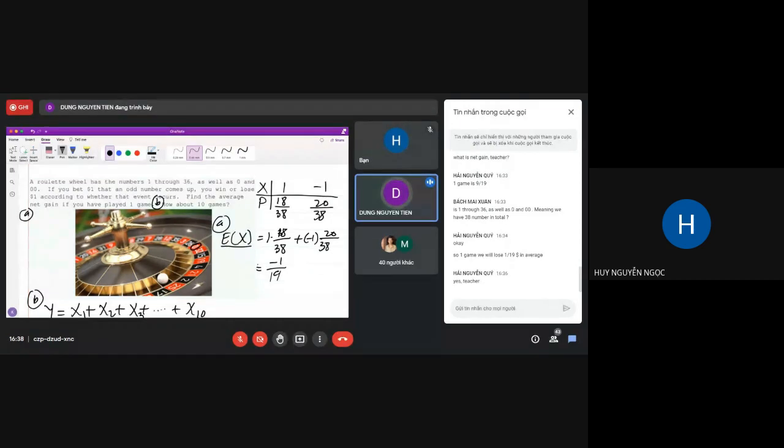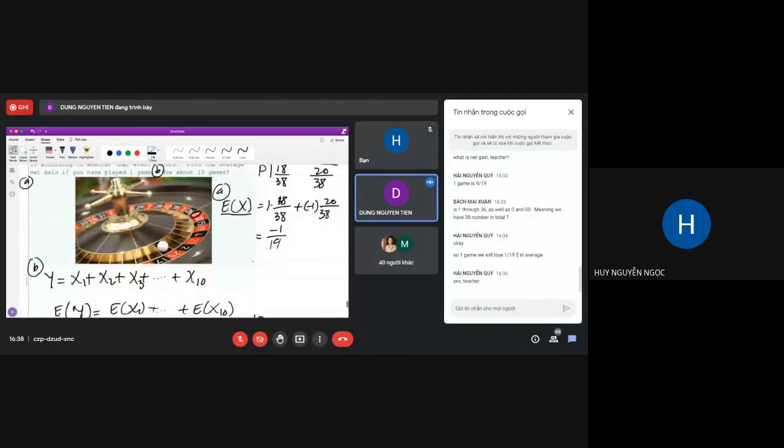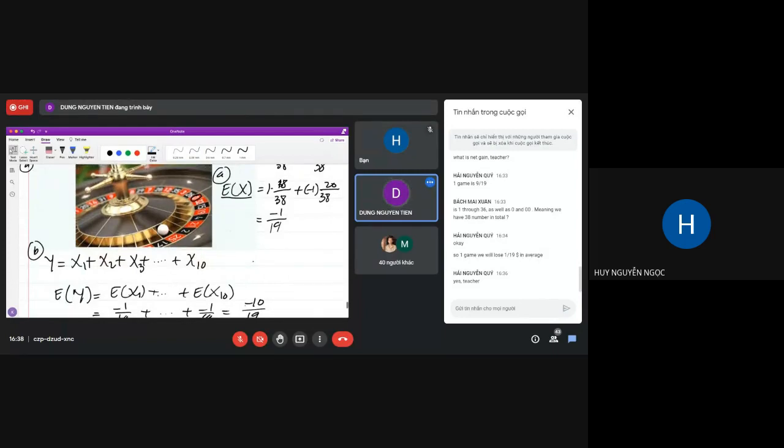Now you want to find the net gain if you play 10 games. In each game, you can win or lose $1. Suppose that X1 is what you can win in the first game, X2 is what you can win in the second game, X3 is what you can win in the third game, and so on. And Y is what you can win in all games.